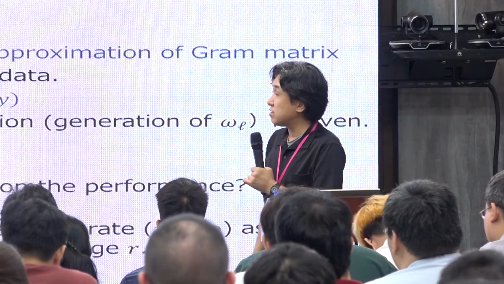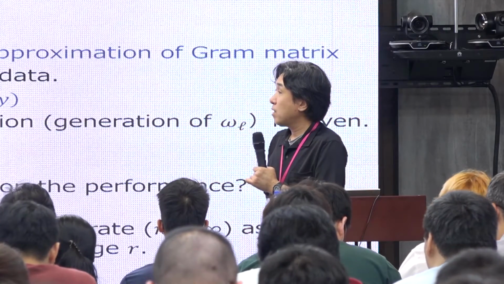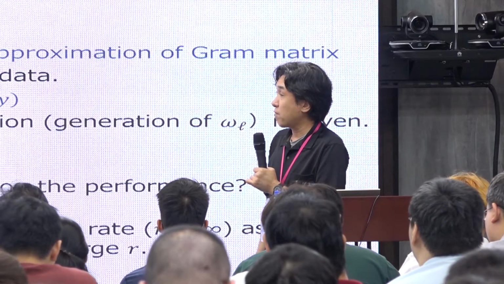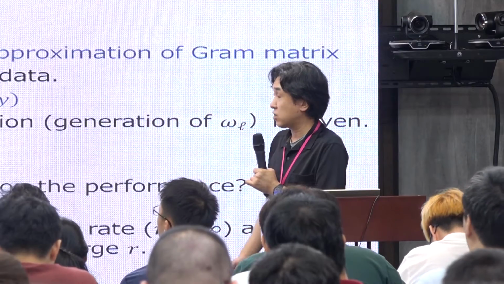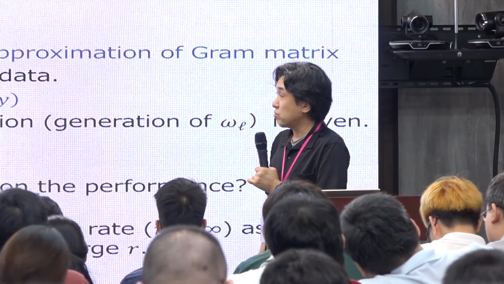But for very large data size, people tend to use random Fourier feature, and that usually shows better results than the Cholesky decomposition.